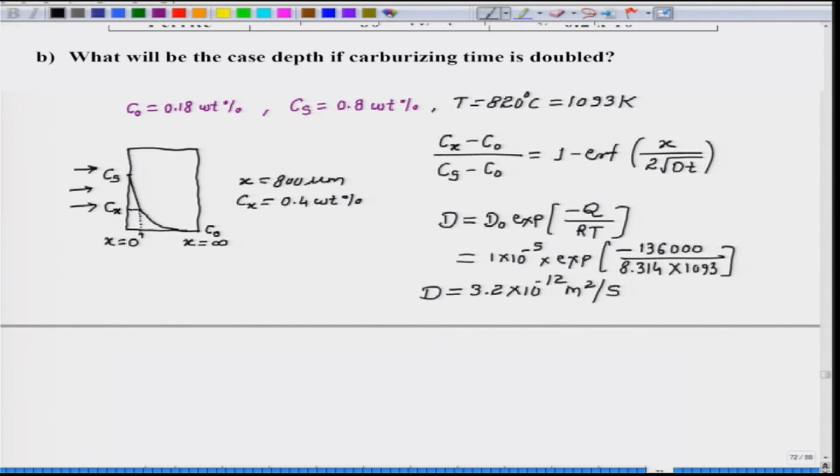Since we are considering the distance scale in microns, let us convert this to micron square per second. 10 to the power minus 6 meters is 1 micron, so 10 to the power minus 12 meter square is 1 micron square. So, the diffusivity is 3.2 micron square per second.